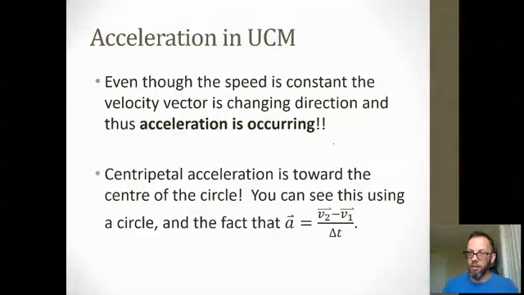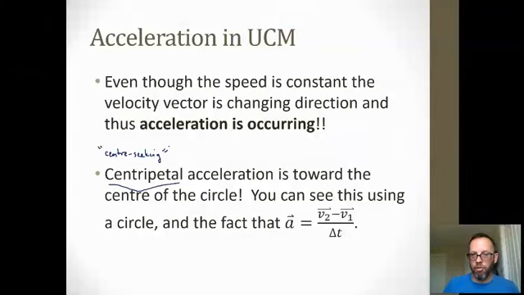The velocity is changing, so it is accelerating. And we call it the centripetal acceleration. I think I make this definition later on, but you might have heard that word before too. It means center seeking. So the acceleration is actually directed towards the center of the circle.